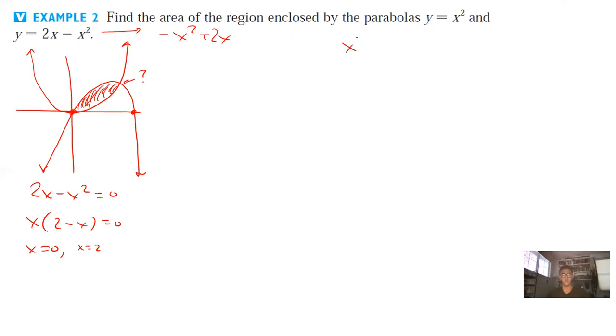When does x squared equal 2x minus x squared? When does that happen? Let's see, set equal to 0, I guess. Is that right? I'm going to subtract an x squared from both sides here. x is 2x minus 2x squared. Nice.